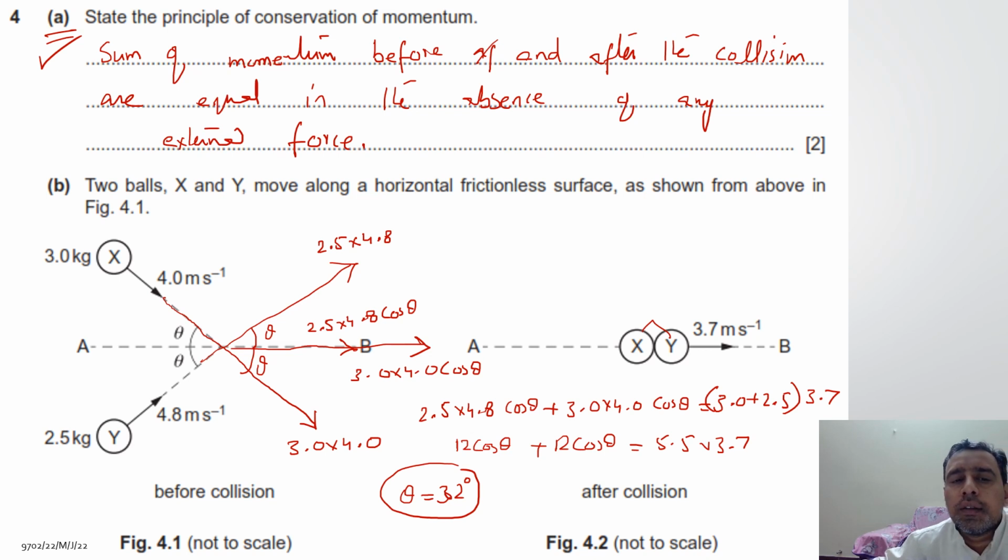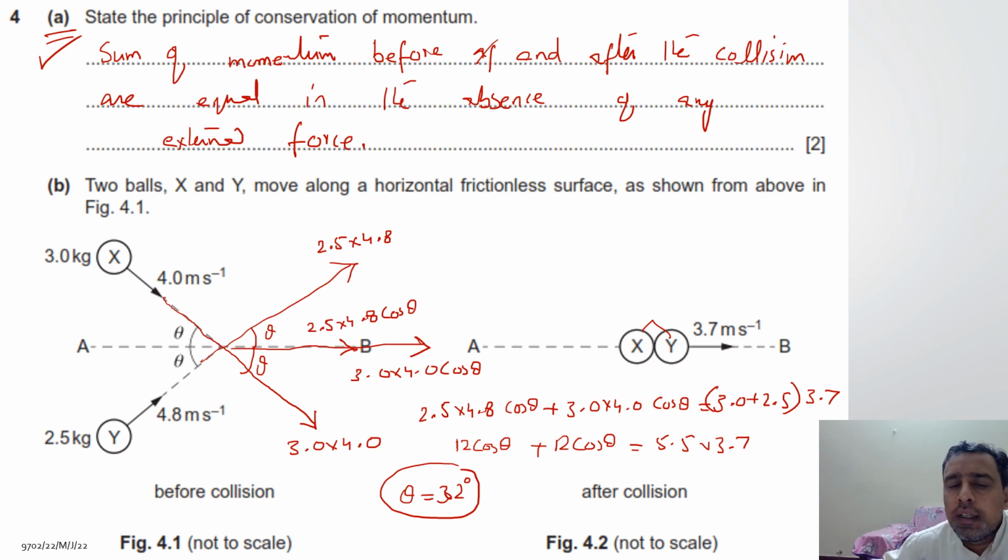Just going to repeat this question. Here we have two balls x and y. The masses are 3 and 2.5 kg, and these balls are traveling with some velocity 4 and 4.8. After collision, these bodies are in contact with each other and they are moving as a single body, and their velocity is now 3.7.